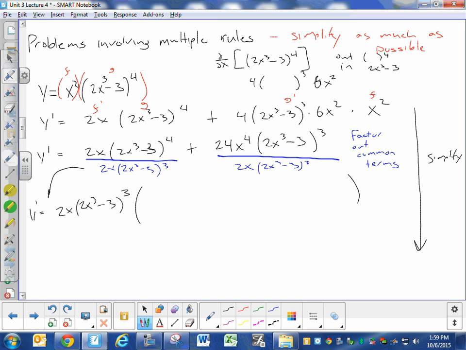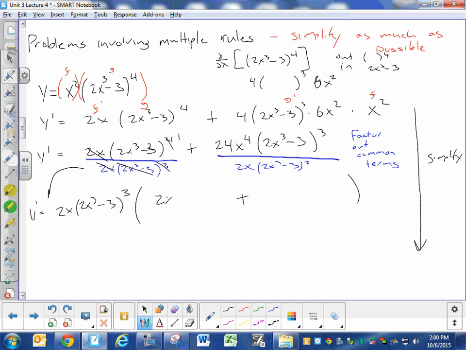And what you have left over goes in parentheses with your addition symbol in between. Well, after I divide out 2x times (2x cubed minus 3) cubed, I'll just have a (2x cubed minus 3) to the first, because these 2x's will go away, and these 4 would cancel with these 3, leaving me with just one of those.